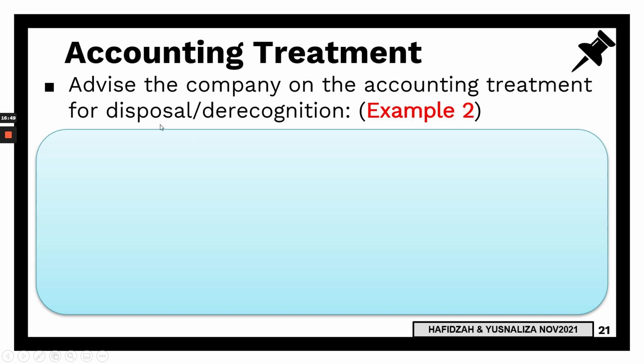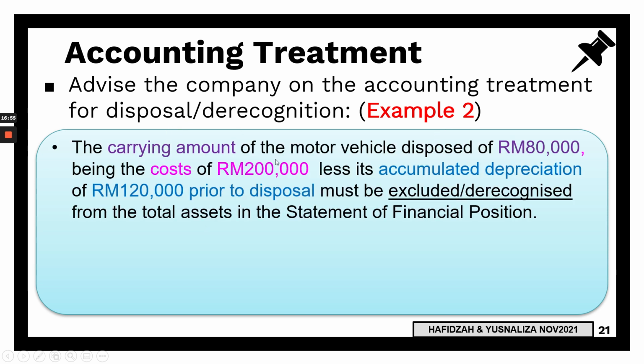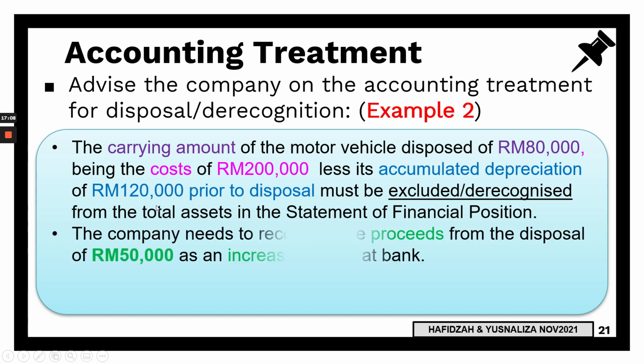Let us look at the advice if there is a case of loss. Remember, example 2 is about loss on disposal. So the first sentence is exactly the same as per example 1. Talk about the carrying amount to be derecognized or excluded, which is the cost less the accumulated depreciation.